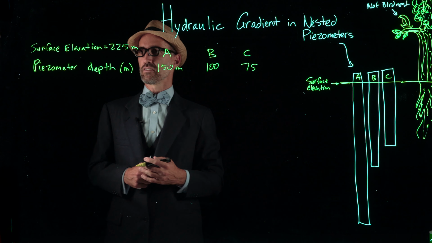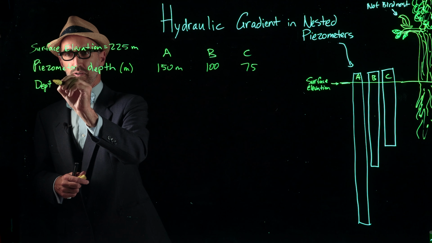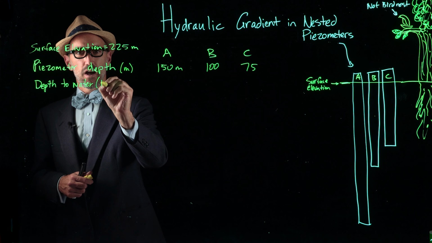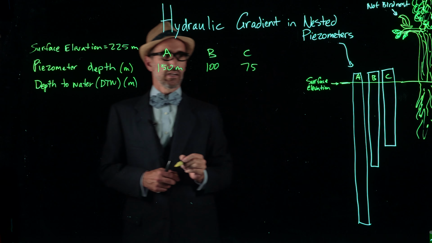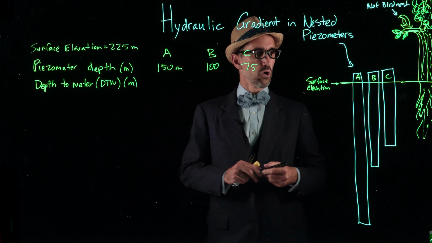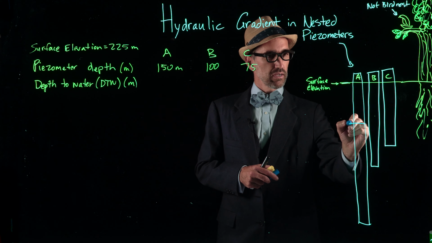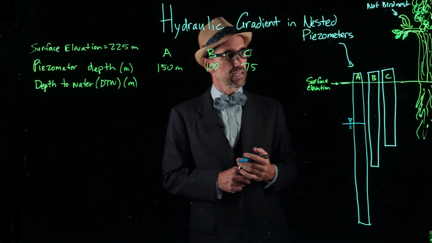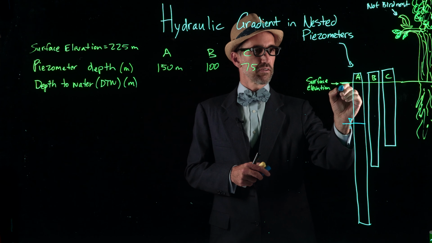The third piece of field observable information is our depth to water. Depth to water, sometimes short form DTW, is also in meters, and is the depth of the water table below the land surface. If we measure the water table here, we can measure this using basically a measuring tape that you stick down the well, and you can record the depth to water.